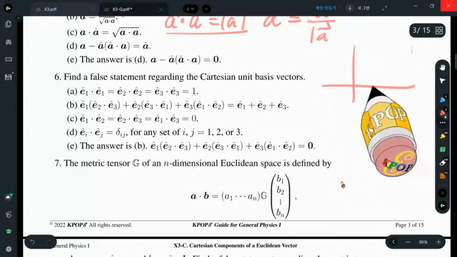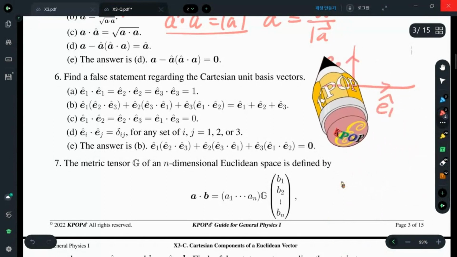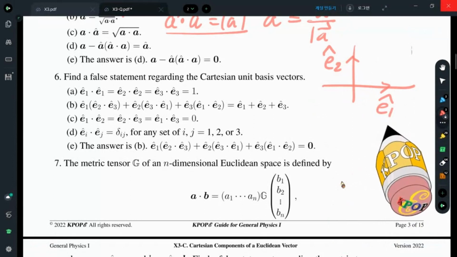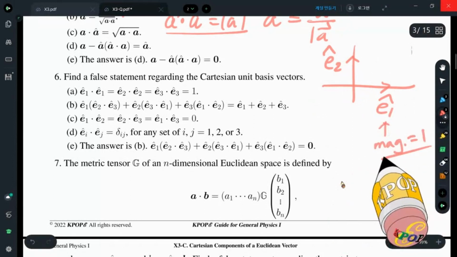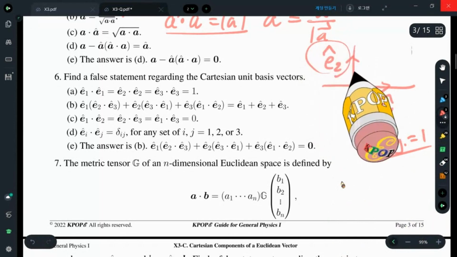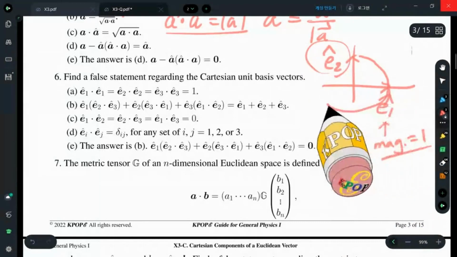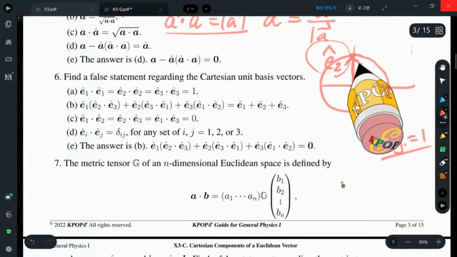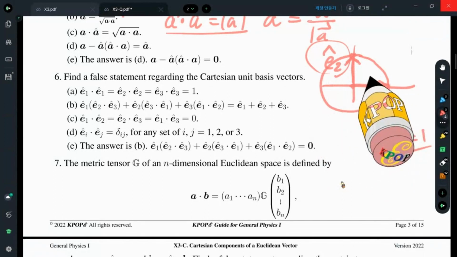For example, in 2 dimensions, we have E1 hat, E2 hat. That means this is along the x-axis, and the magnitude equals 1. This one also has magnitude 1. So I can draw a circle centered at the origin, and the only difference between them is the direction.